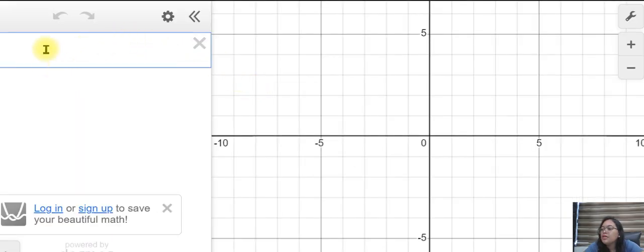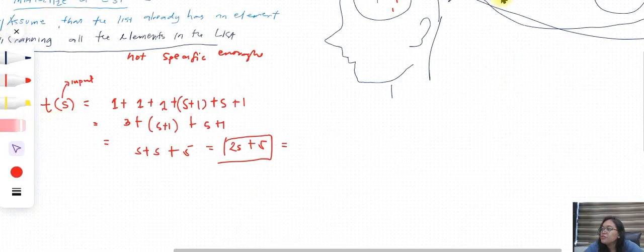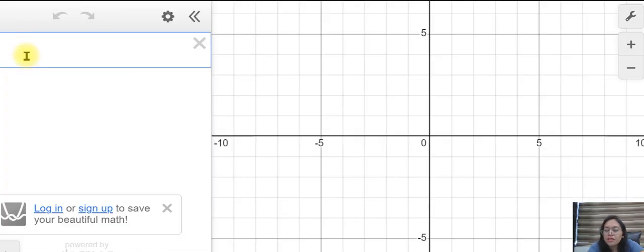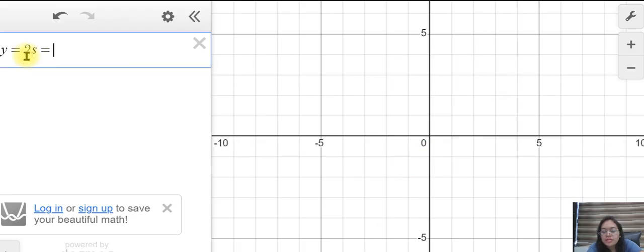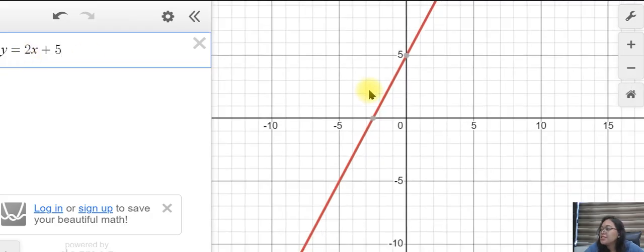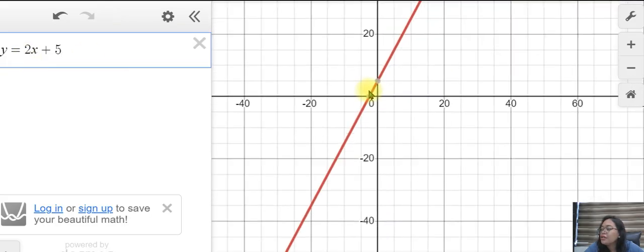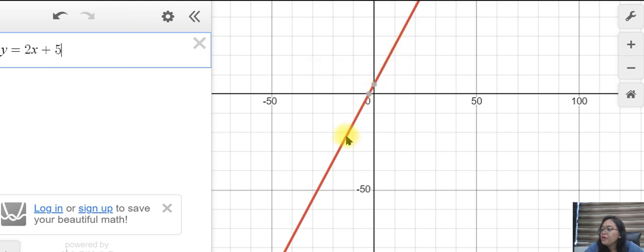say for example, my T of S is 2S plus 5. So I will put there y is equals to 2S plus 5. 2x, actually, I just changed the variables. 2x plus 5. So this is the graphical representation of your algorithm.